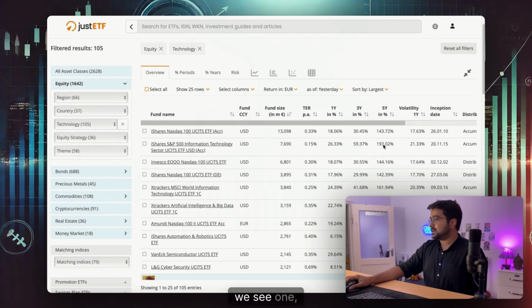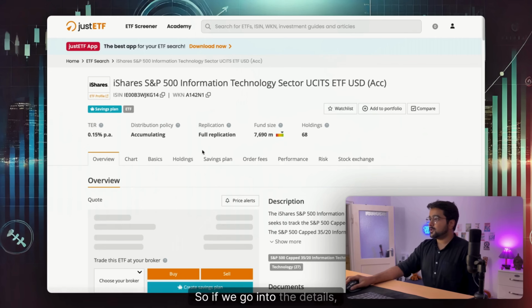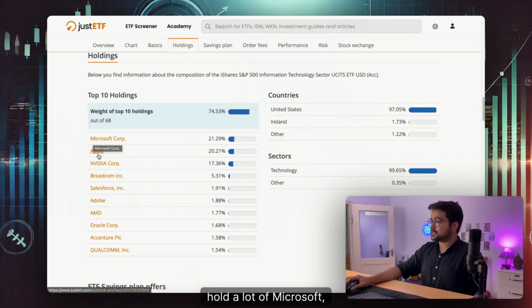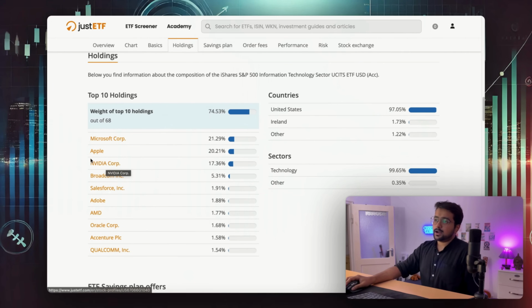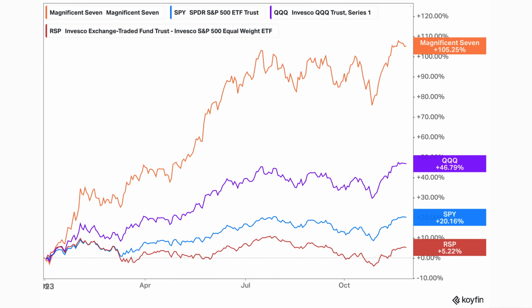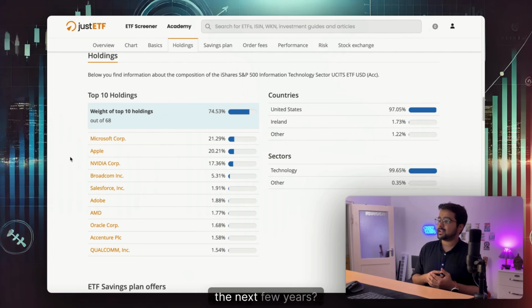For example, we see a 193.02% return here. So if we go into the details, we can see their holdings, and we see that they hold a lot of Microsoft, Apple, and Nvidia, and these are the Magnificent 7 companies, which have done really well over the last couple of years. So does that mean they will continue to do well over the next few years? Maybe, maybe not. We don't know.